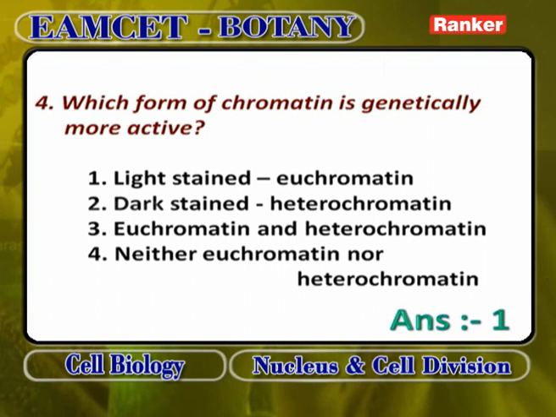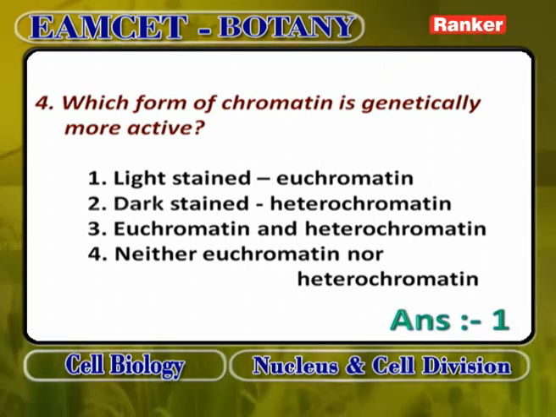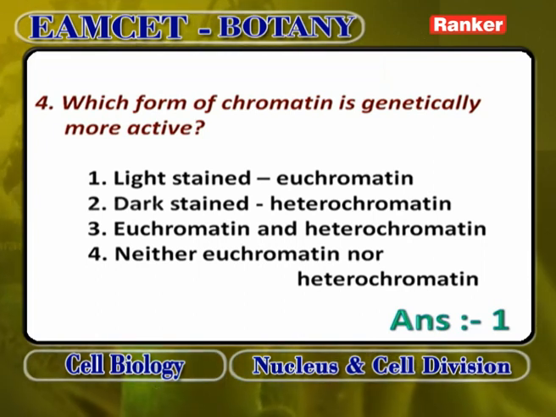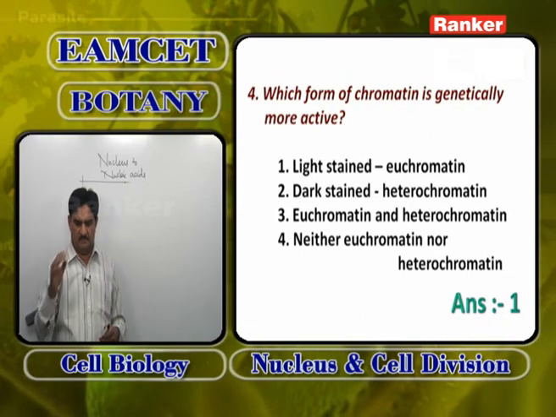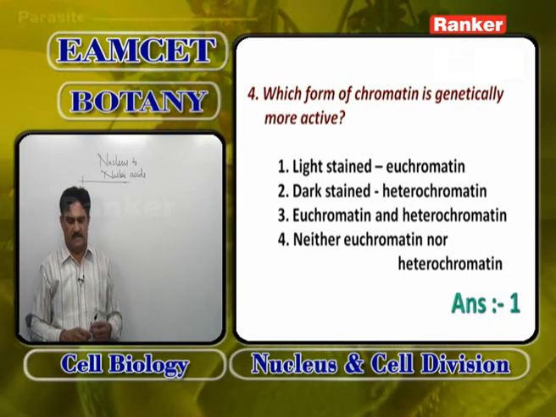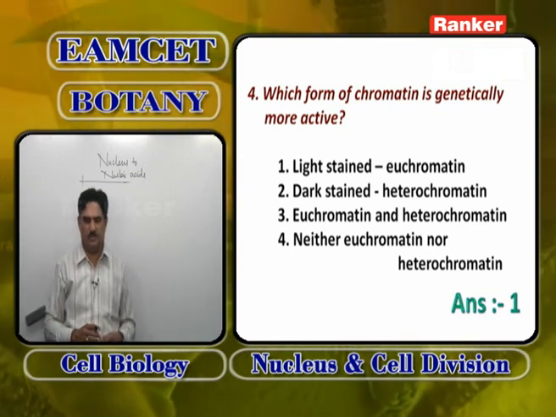Neither euchromatin nor heterochromatin is also wrong. So, the form of chromatin that is genetically more active is lightly stained euchromatin, where the genetically active genes are present, and this is the region where the formation of messenger RNA occurs. That means transcription occurs, messenger RNA is formed, proteins are produced with the help of messenger RNA, everything occurs in the light stained portion that is called euchromatin.